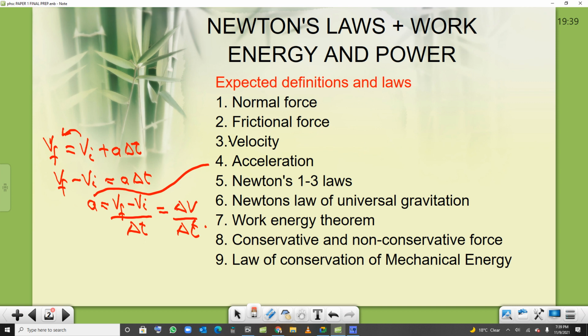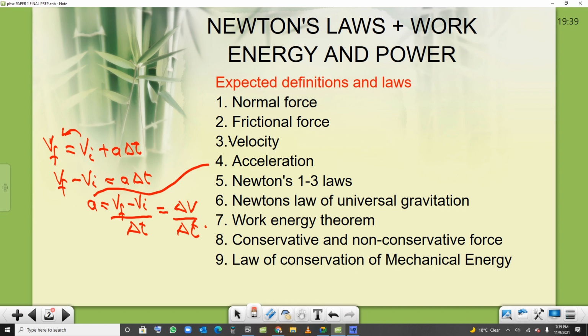Newton's law of universal gravitation. All particles on the earth exert a force of attraction on each other, right? And the magnitude of the force is directly proportional to the product of the mass of the objects, and inversely proportional to the square of the distance between their centers. Take notes.